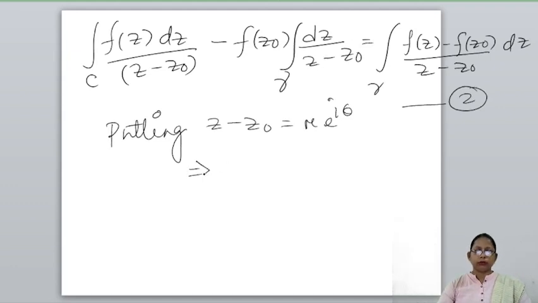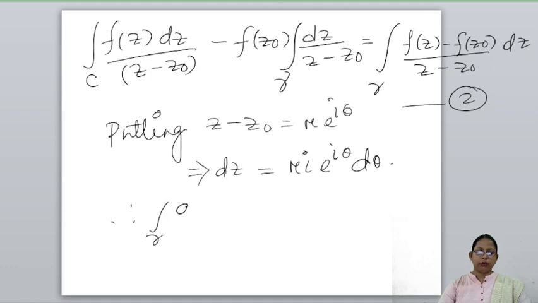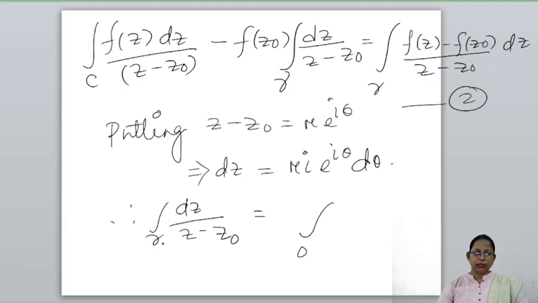We know gamma is a circle, so the equation of the circle is this. What will be dz? dz will be r i e to the i theta d theta.